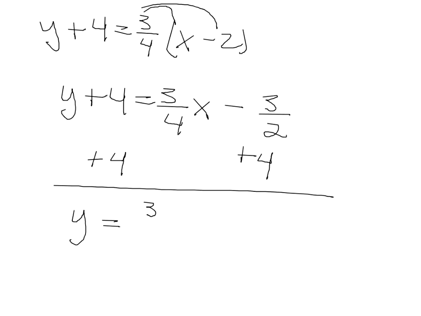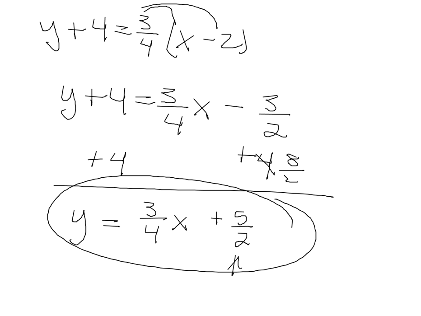So y equals 3/4 x, and now I'm going to have 8 halves minus 3 halves, which is 5 halves. So this is the slope-intercept form, and there's my intercept, 5 halves. All right, and so that's what I was going to show you.